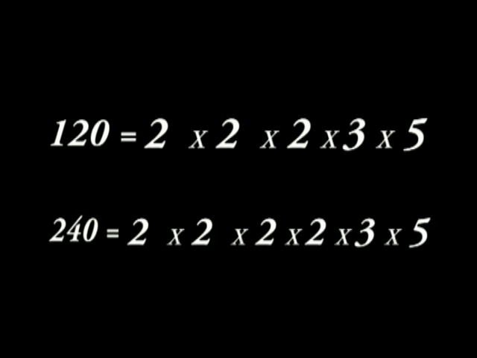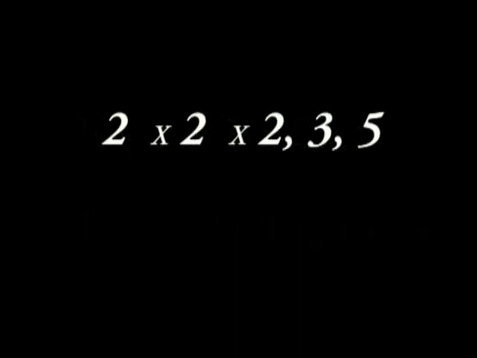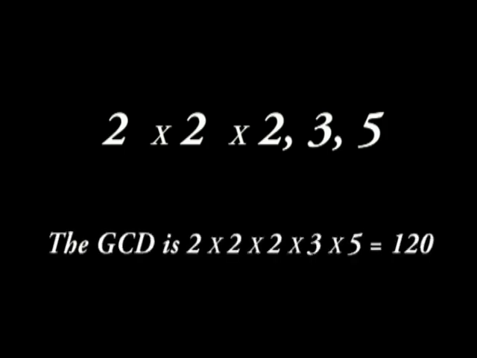The common factors are 2 times 2 times 2, 3 and 5. Hence, the GCD of 120 and 240 is 2 times 2 times 2 times 3 times 5, which is equal to 120.